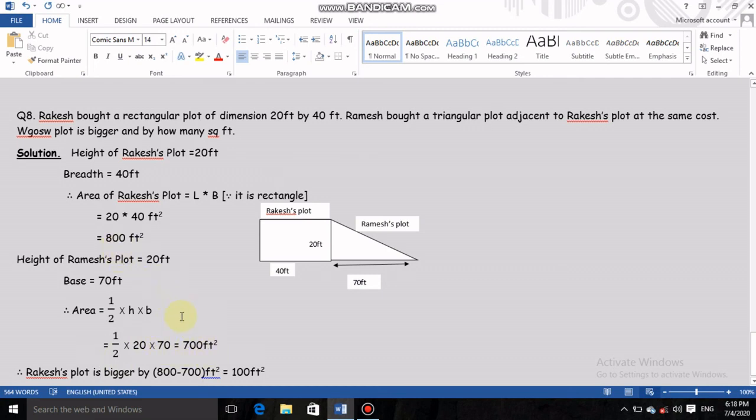So comparing this and this, the area of Rakesh's plot is more than Ramesh's plot. Rakesh's plot is bigger than Ramesh's plot by how much? 800 minus 700, which is 100 feet square. This much.